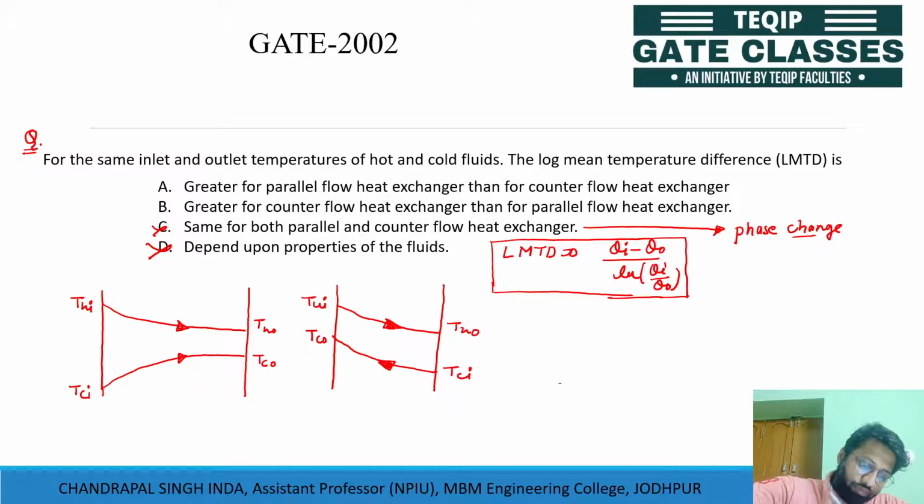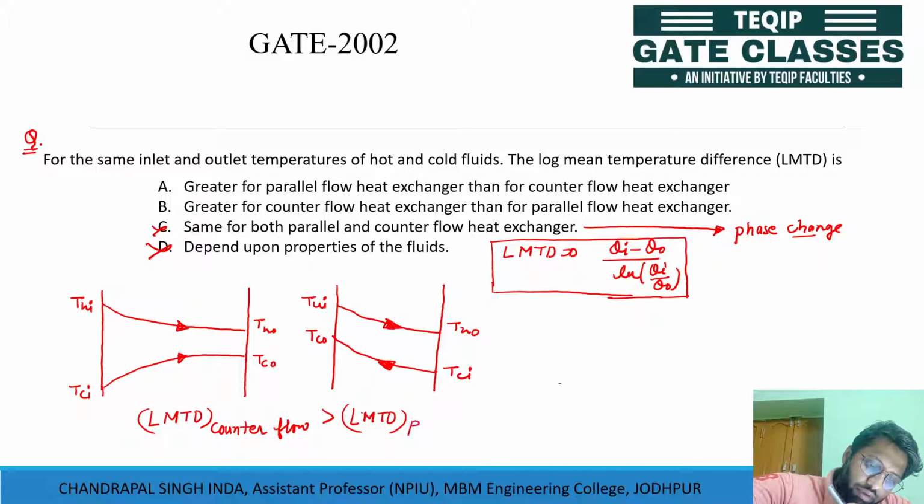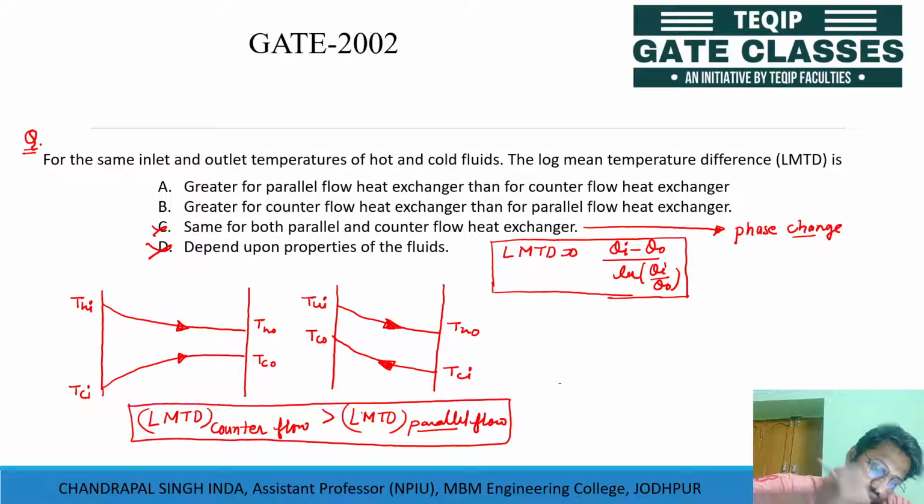So here the LMTD of the counter flow heat exchanger is greater than the LMTD of the parallel flow, as entropy generation is more in the case of the parallel flow heat exchanger.